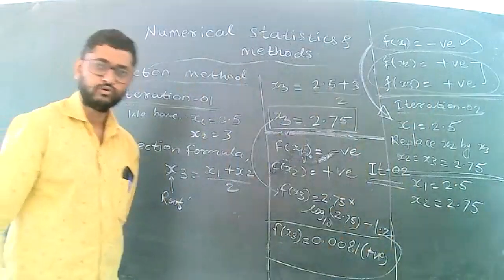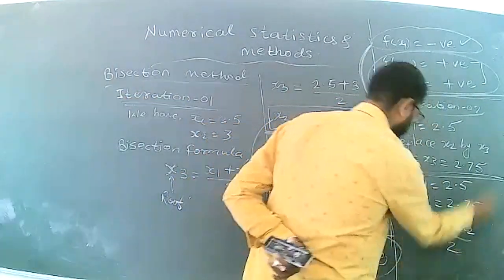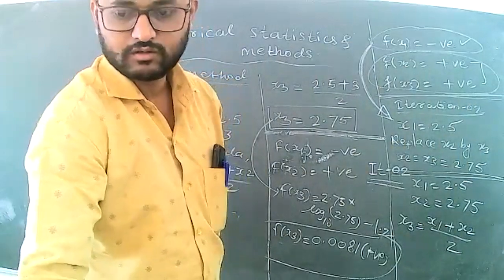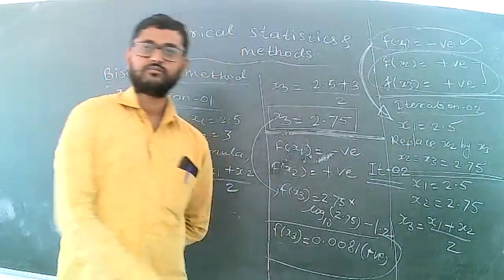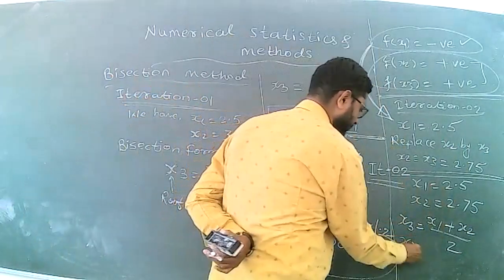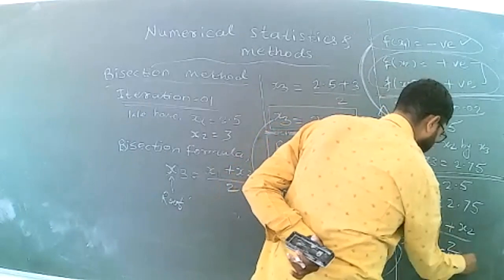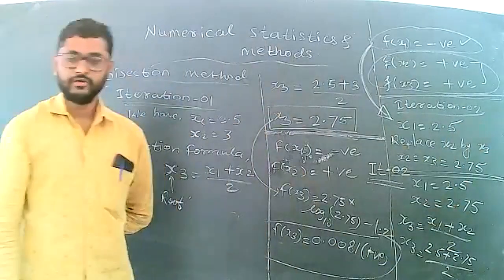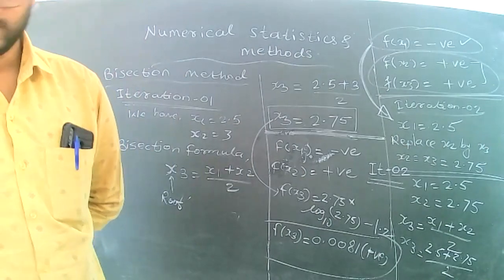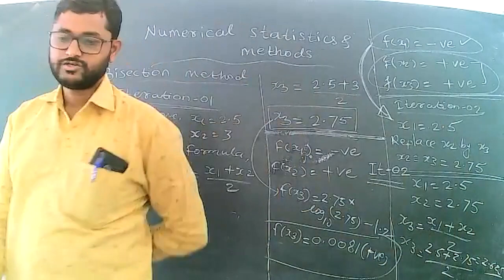Next step. Again, we have to find x3. The bisection formula is x3 equal to x1 plus x2 by 2, which gives the new root of the equation. So x3 is equal to 2.5 plus 2.75 upon 2, that is 2.625.